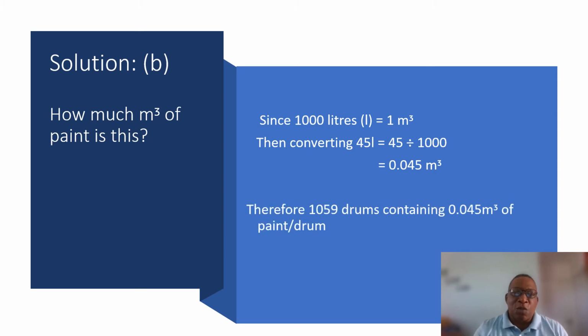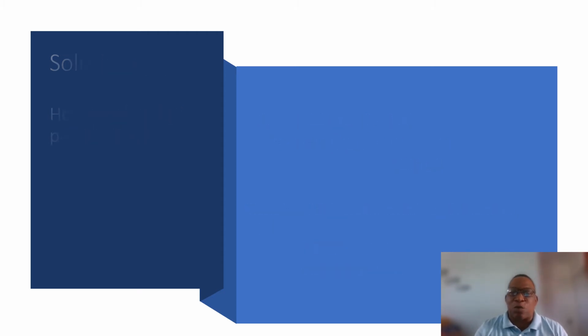Then, since we have 1059 drums containing 0.045 cubic meters of paint, 1059 times 0.045 would give us 47.655 or 47.66 cubic meters. That is the amount of paint that would be in the drums.